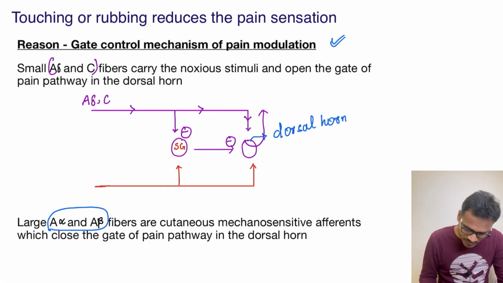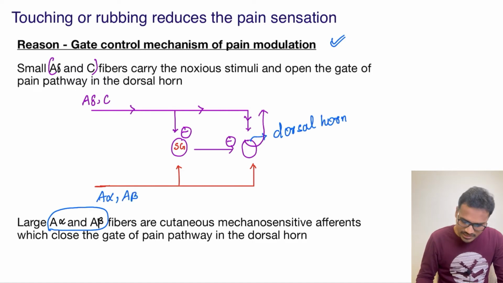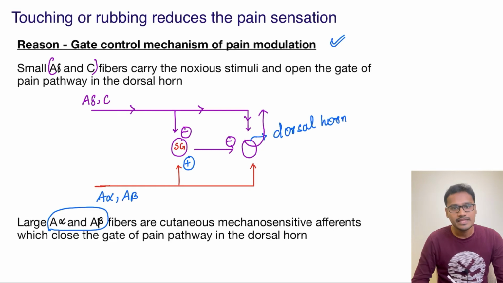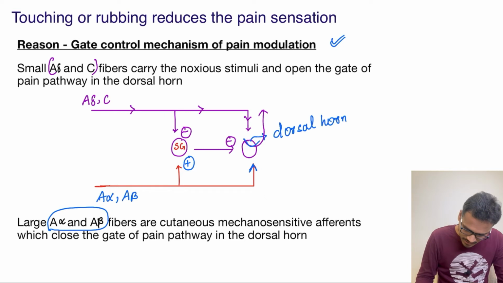For example, the A alpha and A beta fibers stimulate the substantia gelatinosa. Whenever it is stimulated, it will reduce the pain sensation which is carried through the dorsal horn. At the same time, they directly stimulate the other sensations like touch.